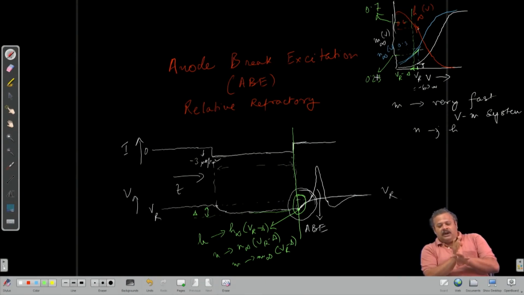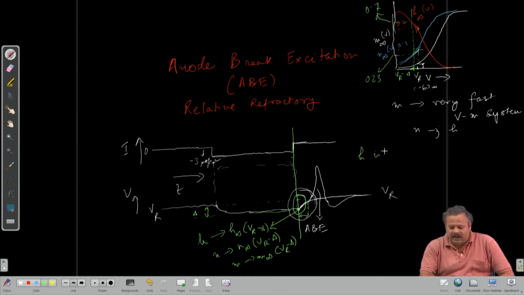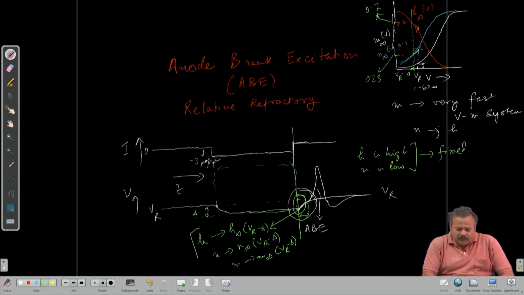The system will now go in the direction that the net current drives it, towards V R. In doing so, m infinity is very fast, so the voltage can be increased by the sodium channel activation gates. h is high here and n is low, and these can be considered fixed at the values we start the system with at the end of the current clamp.